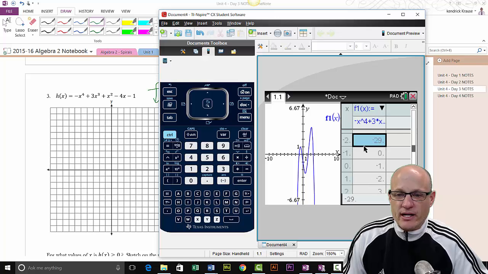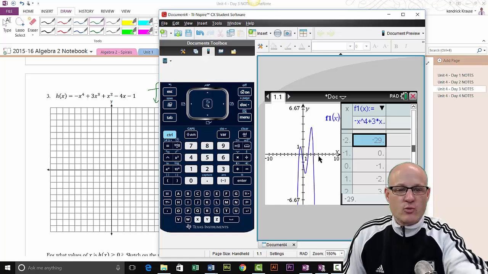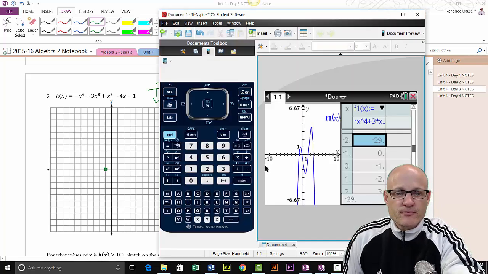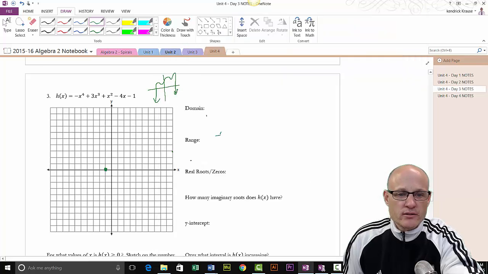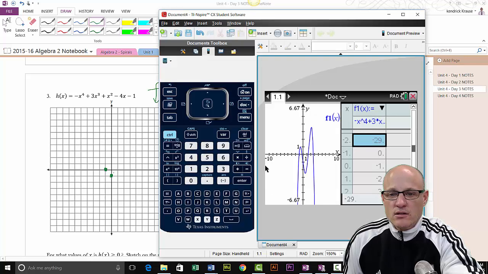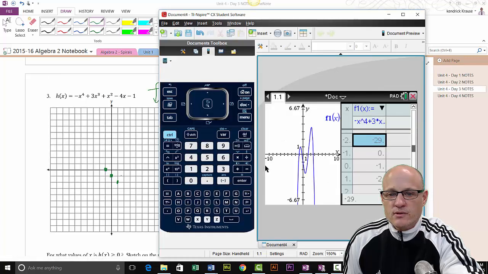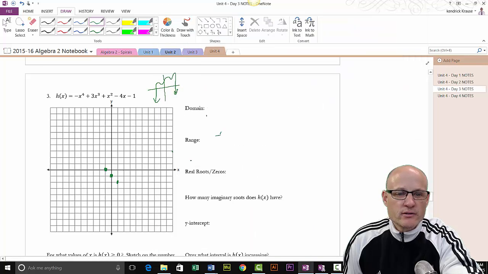So negative 229, clearly they're not going to be able to graph. Negative 1, 0. 0, negative 1. 1, negative 2. Two, 3.